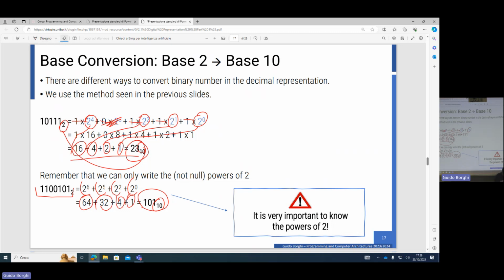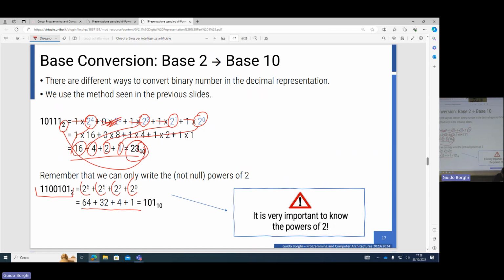Another important element to note is that you have to know, to do this conversion, the powers of 2, since the conversion from base 2 to base 10 is based only on the powers of 2. That's all. So you have to know very well the powers of 2.